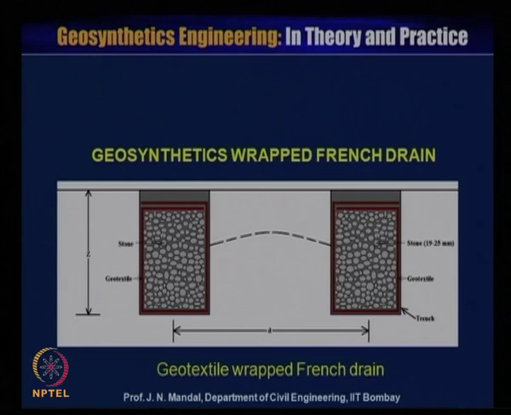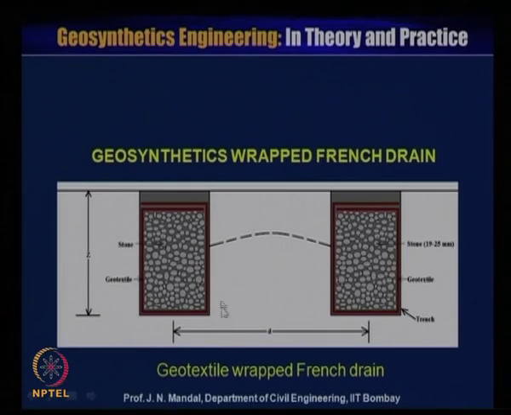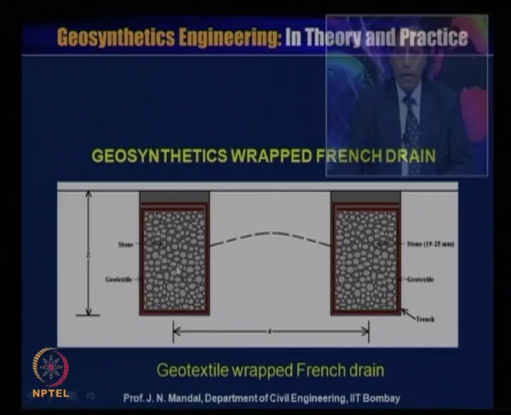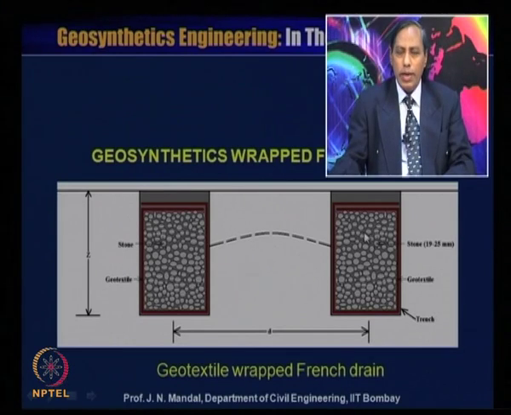Next, we will address the geosynthetic wrap trench drain. Here you can see the drain, this is another drain, and this red is the geotextile material. It is placed like this and then it is overlapped like this.